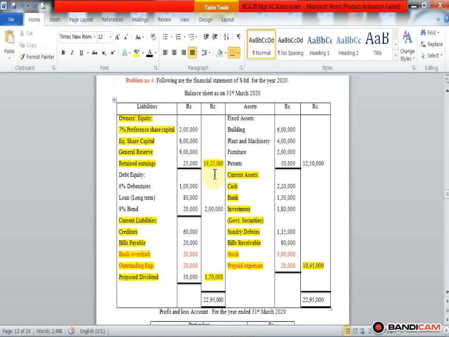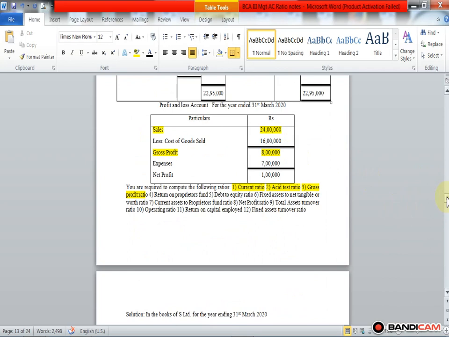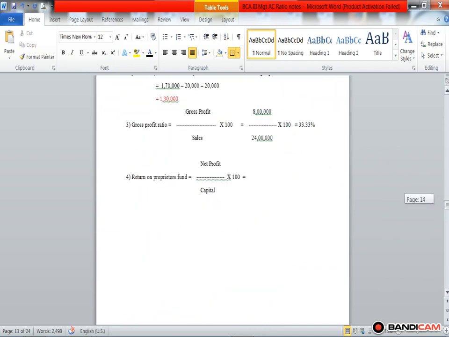And net profit is also given in the problem here. Net profit is rupees 1 lakh. So put these figures in the formula, we get the return on proprietors fund. How much percentage is returned to the proprietors of the business.